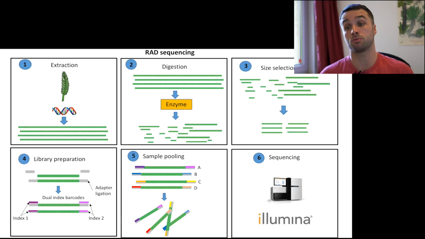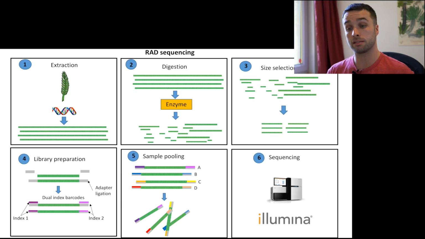So what we're using is RAD sequencing. I know some of you are already familiar with RAD sequencing, so I'll just go through it really quickly. We start with the extraction itself, and then we use a series of enzymes to digest the genomic DNA into smaller fragments, and we size select these fragments, and then we adenylate the ends and perform end repair.